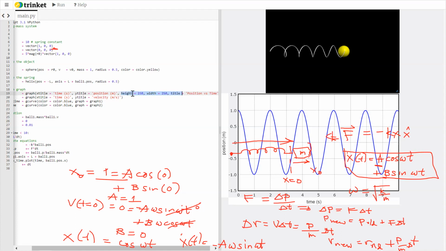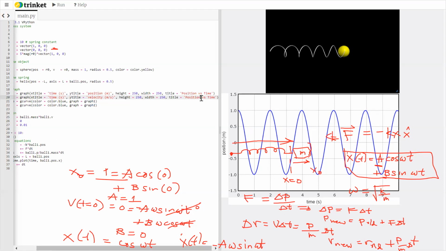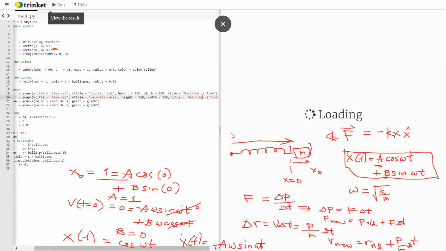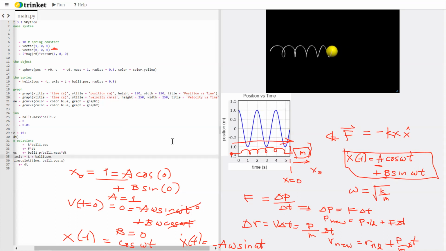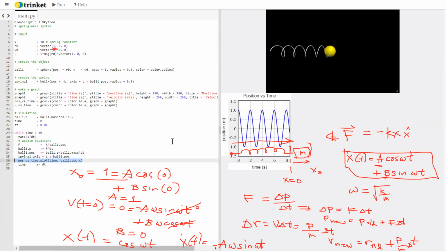Then we copy for the next graph. And here we have velocity versus time. So this is the position. We forgot to change the title to v versus time.